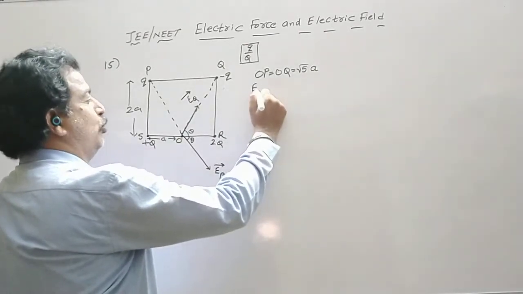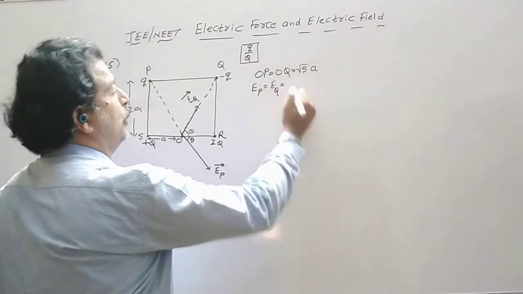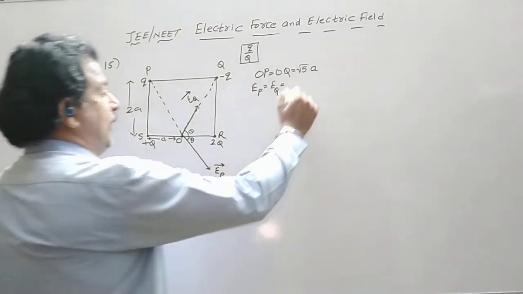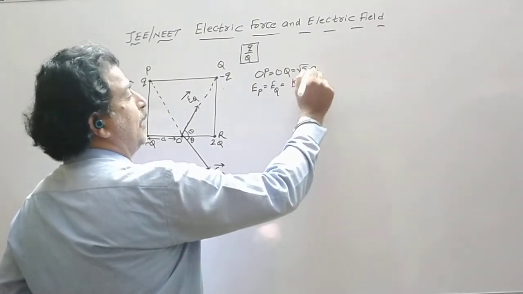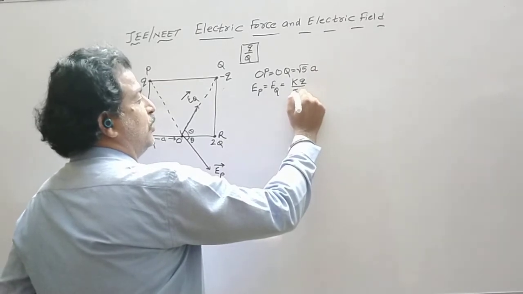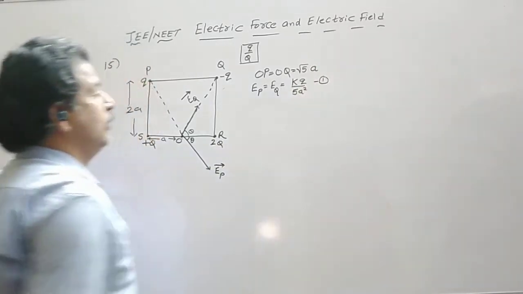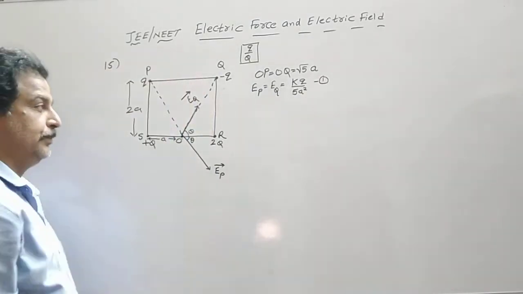EP is equal to EQ is equal to, we are writing only the magnitude, K times source divided by the distance between test and source squared. So it becomes 5a square. This is equation number 1. And the respective direction is given in the figure.